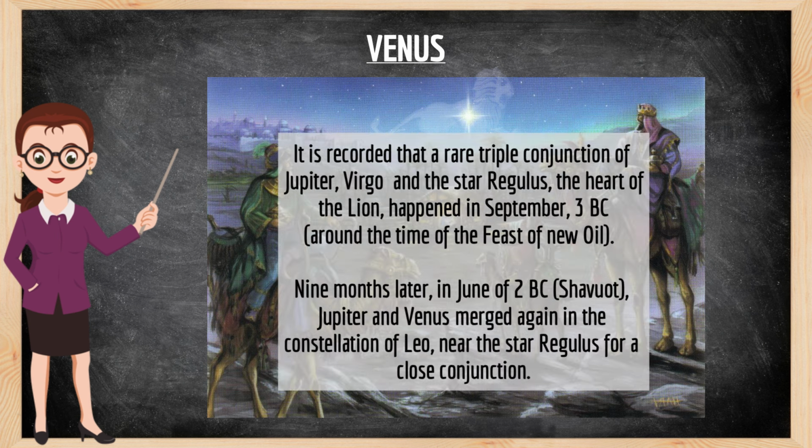It is recorded that a rare triple conjunction of Jupiter, Virgo, and the star Regulus, the heart of the lion, happened in September 3 BC, around the time of the Feast of New Oil. 9 months later, in June of 2 BC, the month of Shavuot, Jupiter and Venus merged again in the constellation of Leo near the star Regulus for a close conjunction.